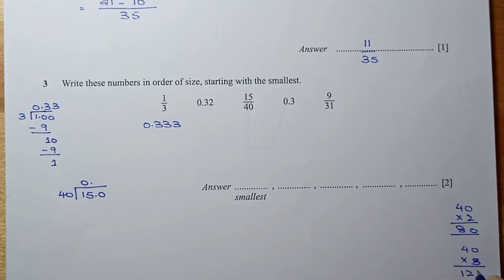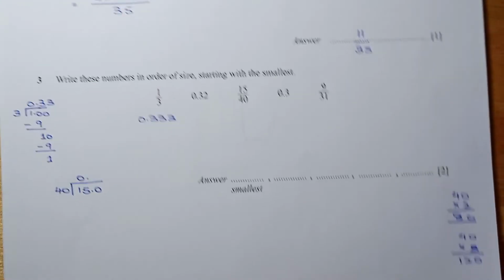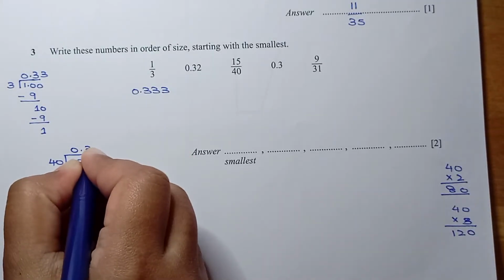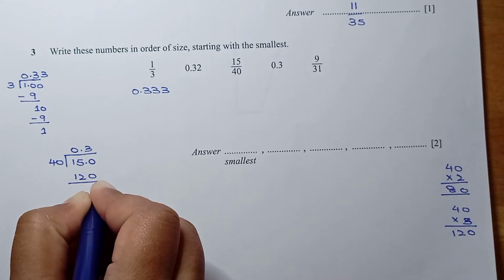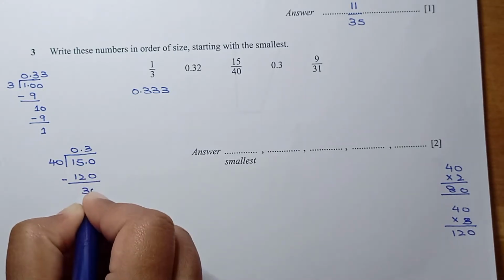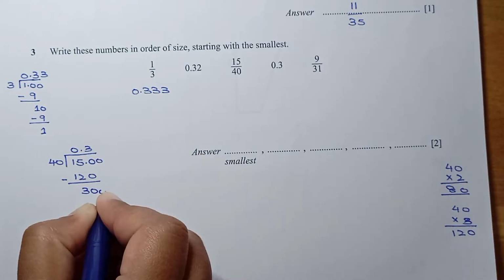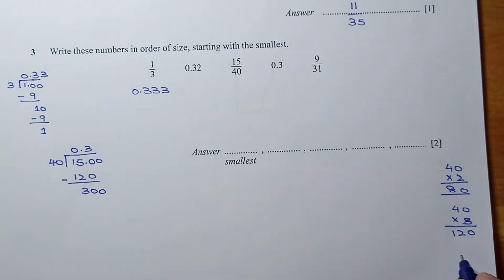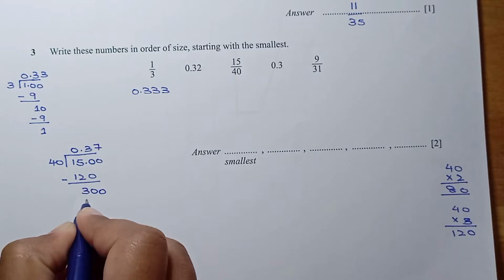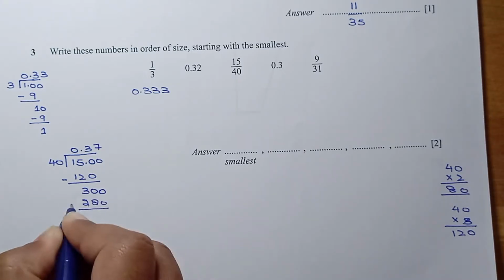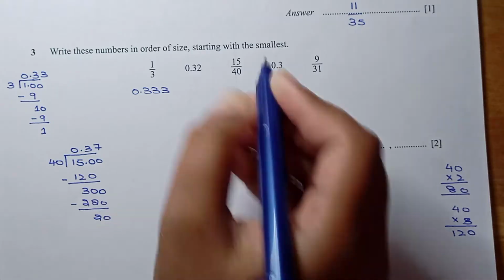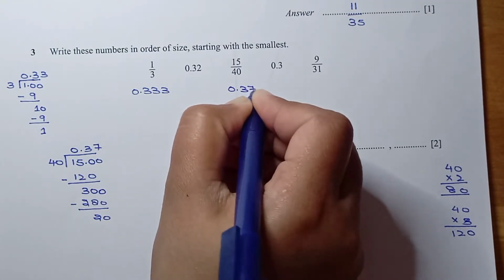We have 120. So 120 is closer to 150. When subtracting, we have 30 and another 0, 300. 40 times 7, 4 times 7 is 28, so 40 times 7 would be 280. Now we have 20 left. Now this answer is 0.37 and something.